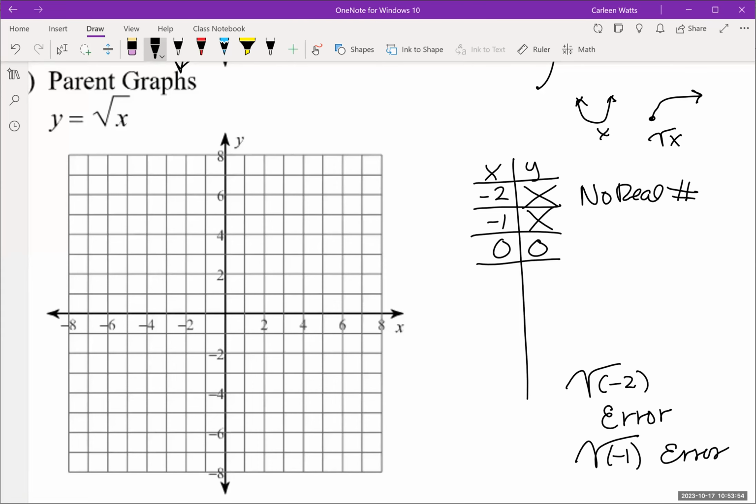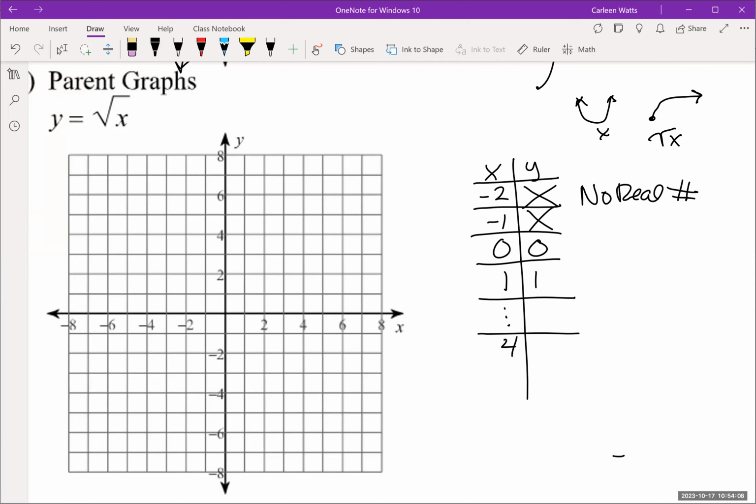How about the square root of 0? 0. How about the square root of 1? 1. Now, I'm not going to do 2 because that's a decimal. I'm not going to do 3. I'm going to jump to 4. What's the square root of 4? 2.